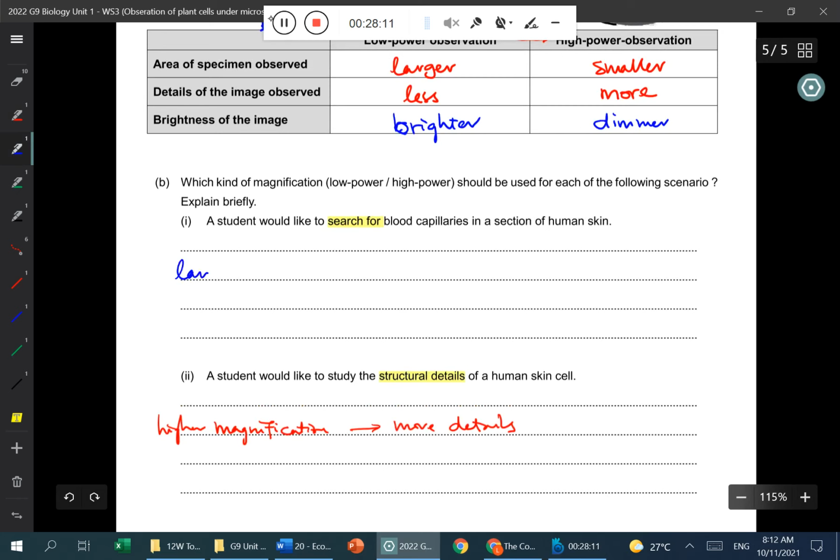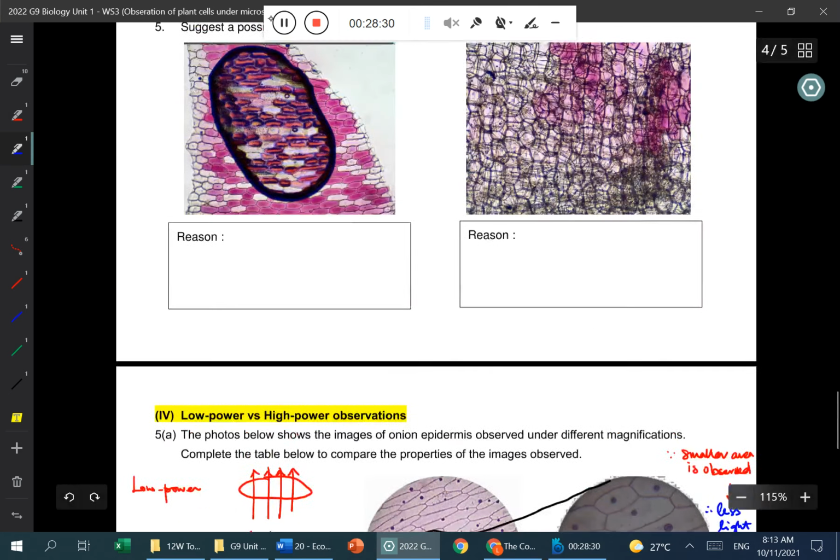While a larger area allows easy search. So remember to write the correct answers in full sentences when you submit your work.